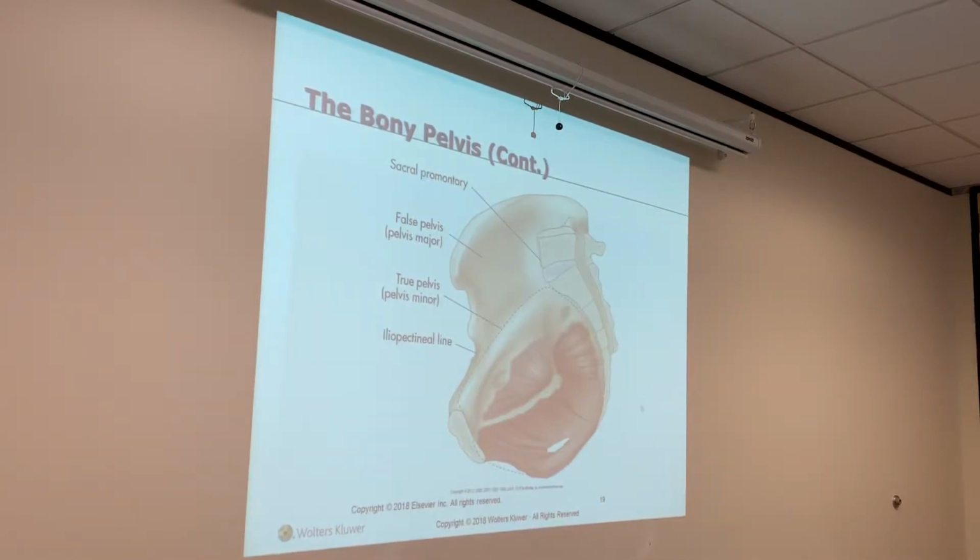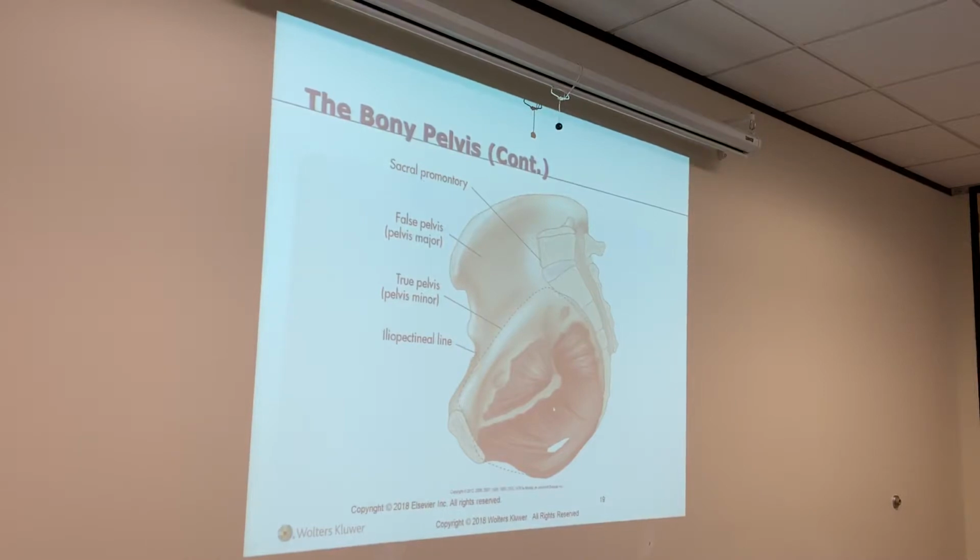Here's a picture of what they were talking about. Here's my coccyx, here's my sacrum, here's my 5th lumbar. Here is my false pelvis, also called my major pelvis. It's mostly bone, the ilium and ischium. And then down here is my true pelvis, or the minor pelvis.